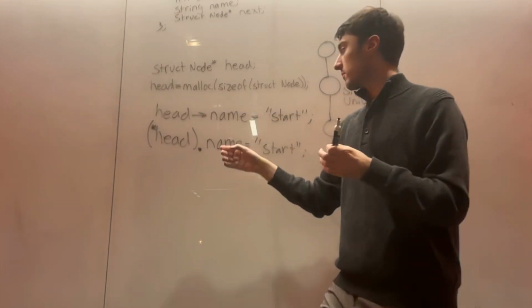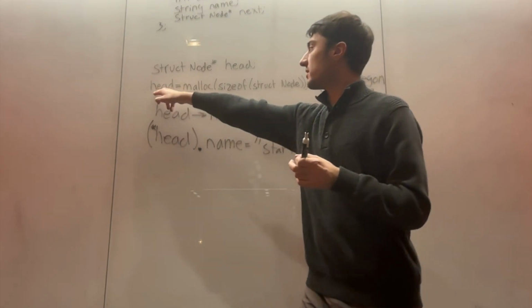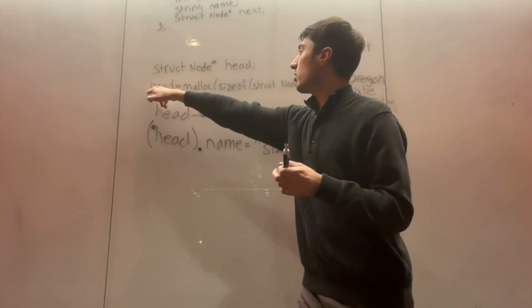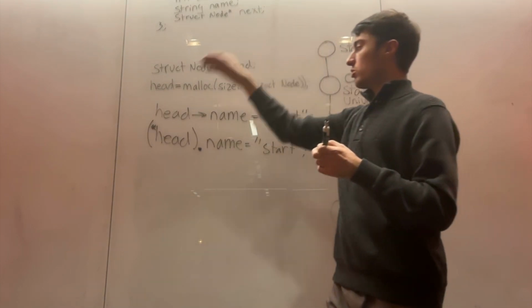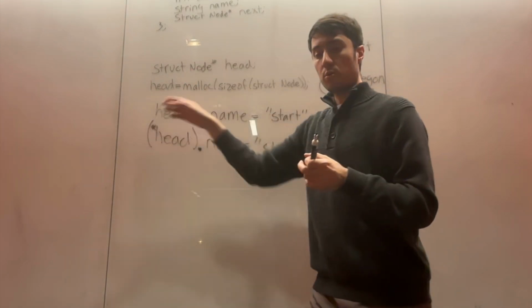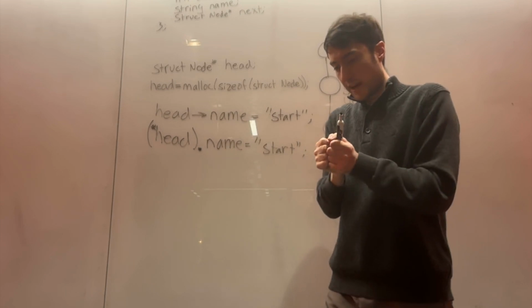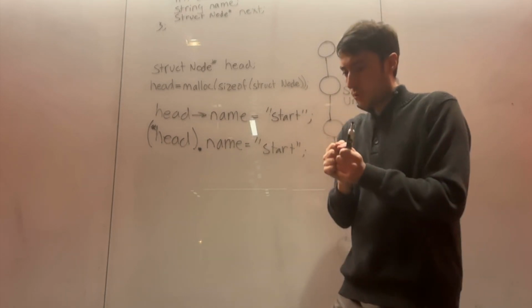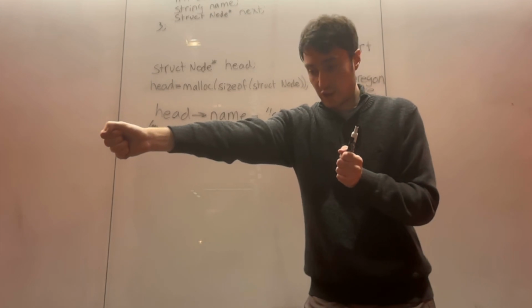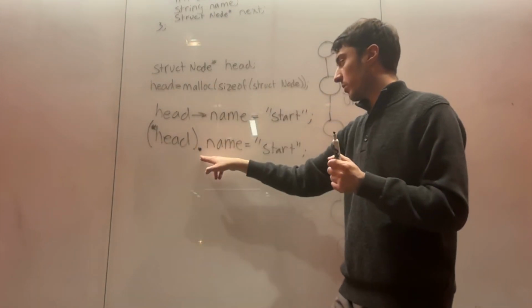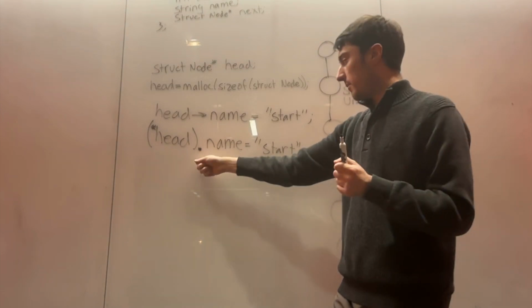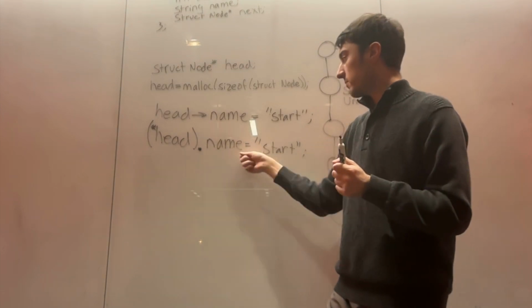So we said that this is the memory address where start is. This variable holds the location, we just go to that location, and at that location there is going to be a member element right here.